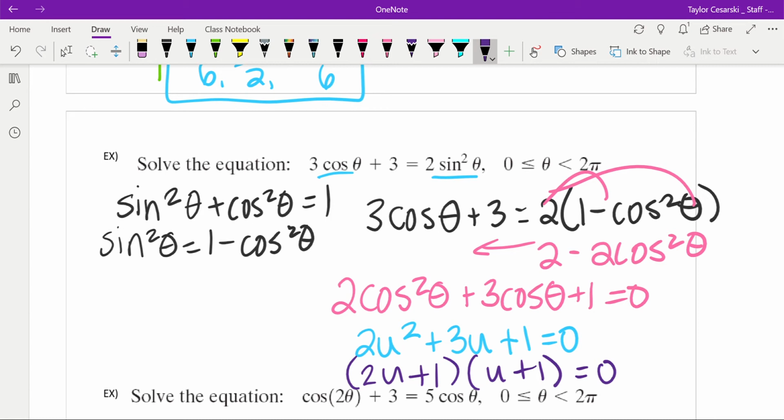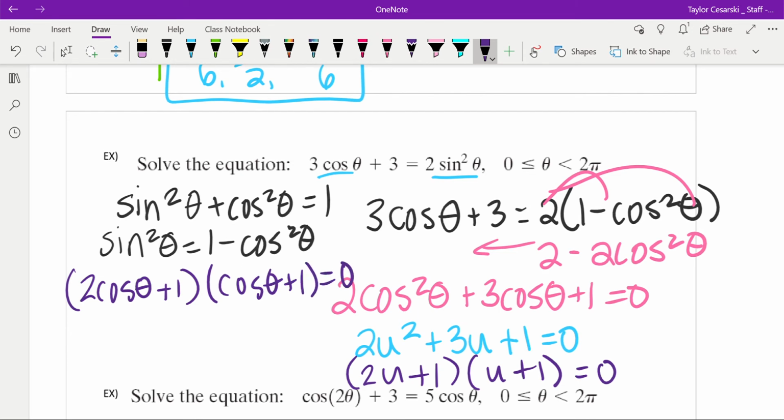Now I need to go ahead and replace that with cosine of theta. So 2 cosine of theta plus 1 and cosine of theta plus 1 equals 0. Now I'm going to go ahead and set both of these equal to 0 and solve.